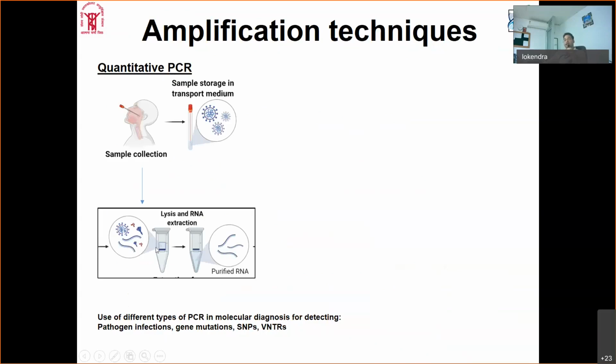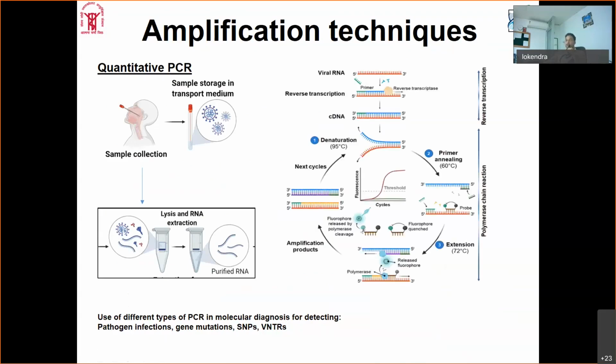Either you can just load onto the cartridge, which is automated, and then it ultimately gives you the purified RNA, or by manual methods you can isolate the RNA. Now this RNA is used for making first strand cDNA, so that is called reverse transcription. So you need primer as well as reverse transcriptase, so you can make single stranded cDNA, and then double stranded cDNA.